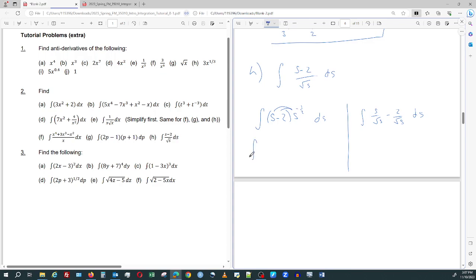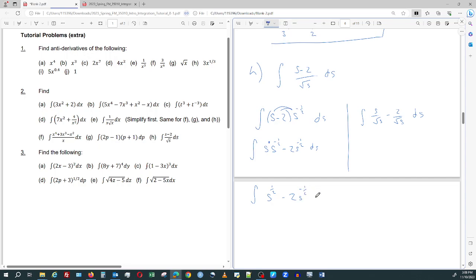Either way is okay, it's your preference entirely, but we have to do an expansion here. So we're going to end up with s to the 1 times s to the minus a half minus 2s to the minus a half. Yes, this is adding indices again. So we'll end up with s to the half, 1 minus a half is just a half, and minus 2s to the minus a half.